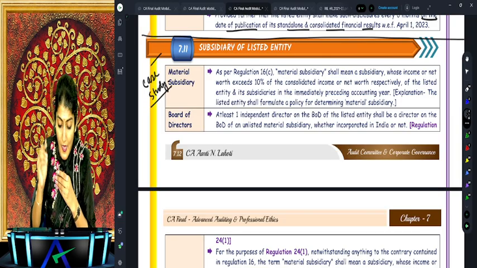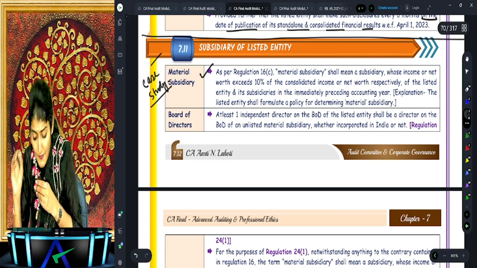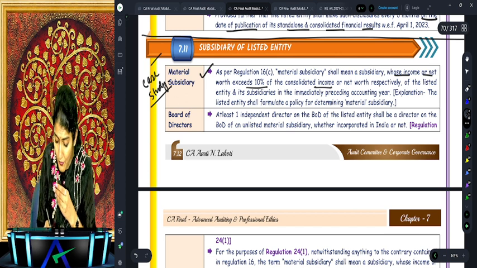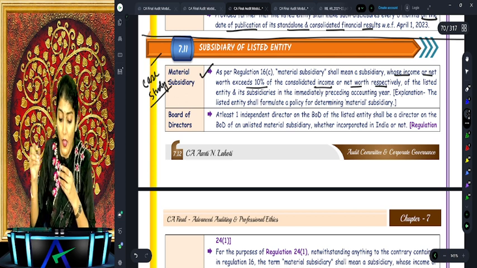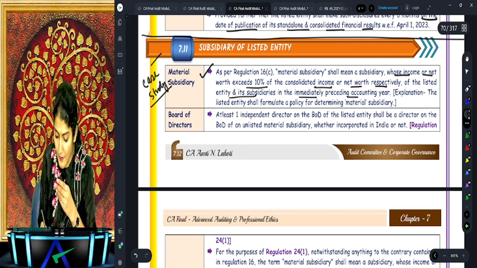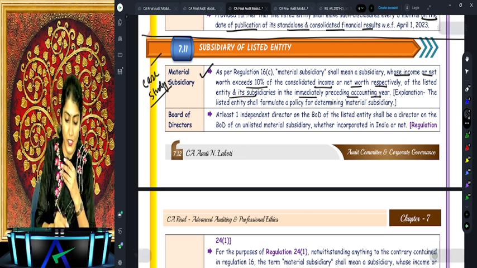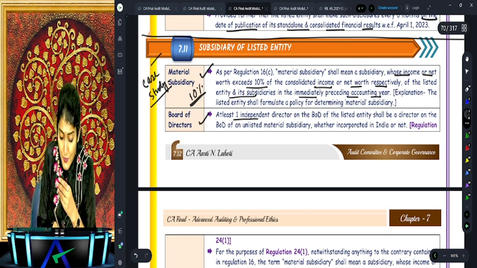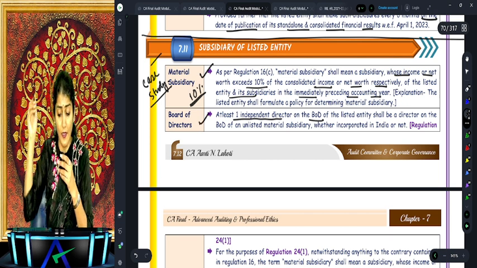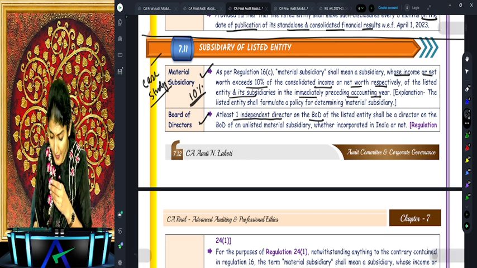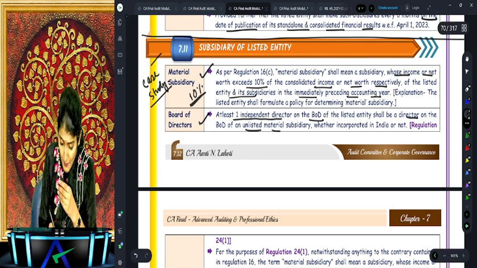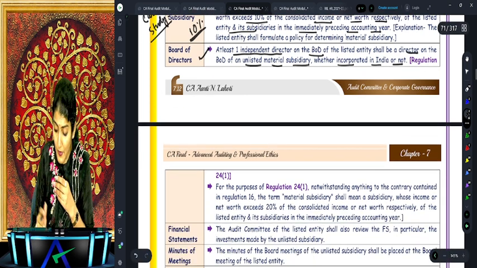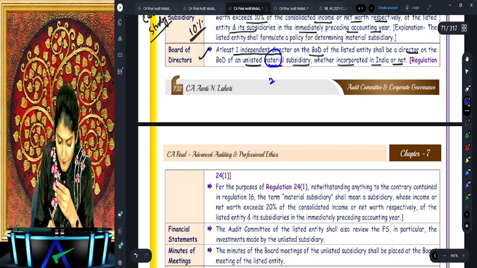As per Regulation 16C, material subsidiary shall mean a subsidiary whose income or net worth exceeds 10% of the consolidated income or net worth of the listed entity and its subsidiaries in the immediately preceding accounting year. So the general rule is 10%. Then what is the requirement? At least one independent director on the board of the listed entity shall be a director on the board of the unlisted material subsidiary, whether incorporated in India or not. And for this purpose, what is the definition of material subsidiary?